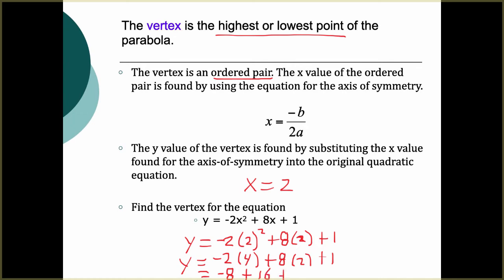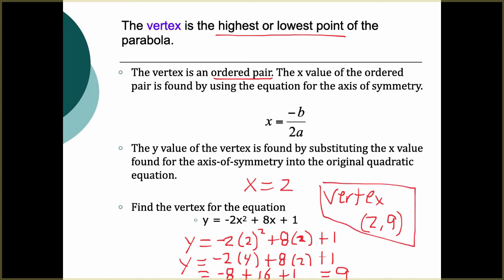Plus 1. So we have negative 8 plus 16 plus 1. This becomes 9. So our vertex is the point 2, 9. And we will state it this way. Our vertex is this. So we're going to say vertex and we give an ordered pair.